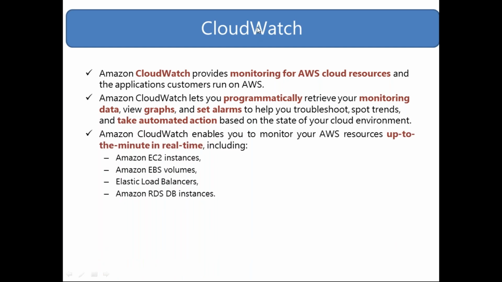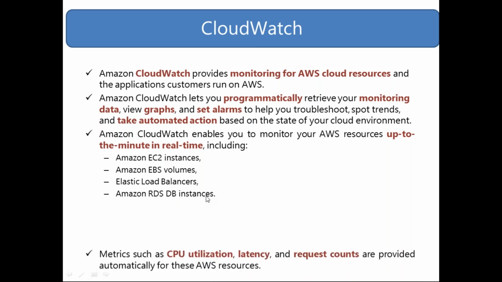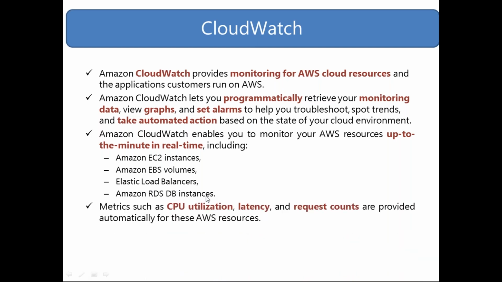By default, each service has some basic monitoring. Those will not be costly, friends. If you want to enable more monitoring, you need to pay extra. If you see CloudWatch, by default it will monitor EC2 instances, EBS volumes, load balancers, and RDS instances.